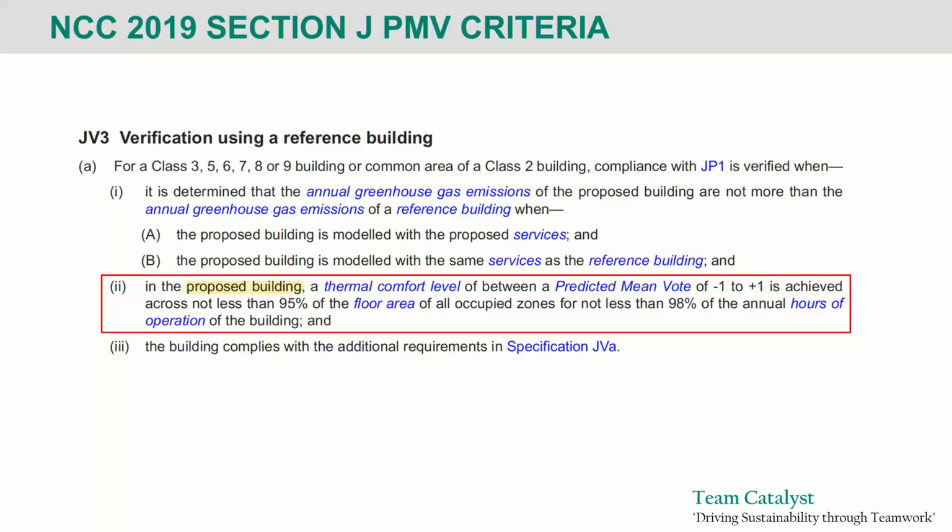And the first clause, as you can see on the screen, is this JV3 clause here. And you can see here that in clause A2, which I've put in a rectangle, that's the criteria that's being asked for the analysis.